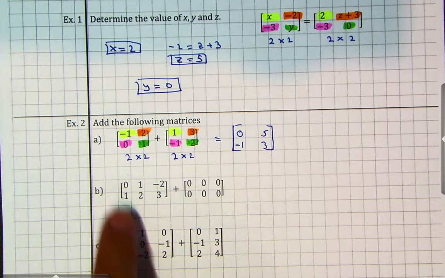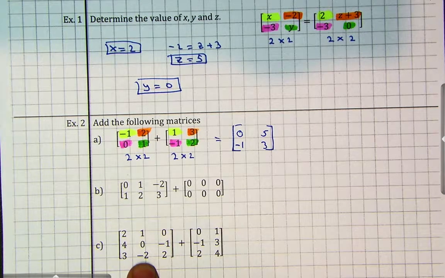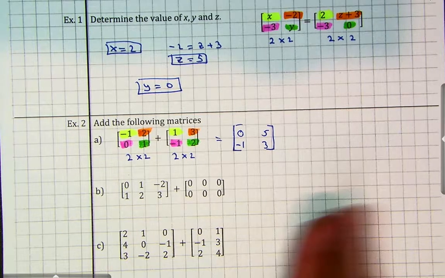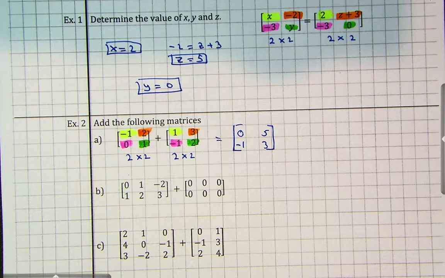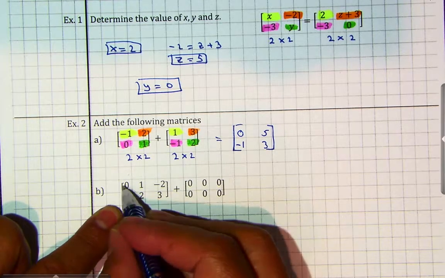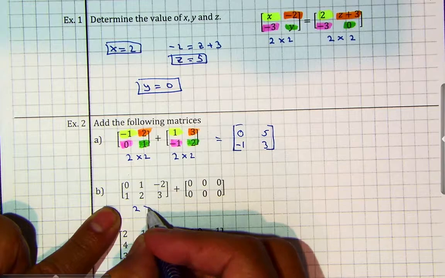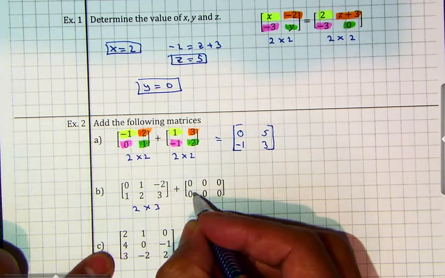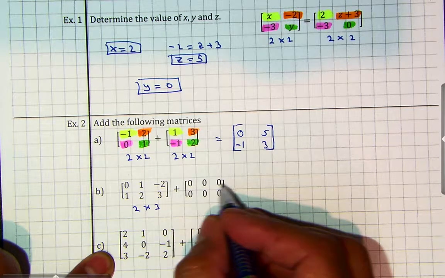So try letter B and letter C, and we can check on software. Go and pause it. So for letter B, the dimensions for this first matrix is a 2 by 3, 2 rows and 3 columns. The second matrix is also a 2 by 3.